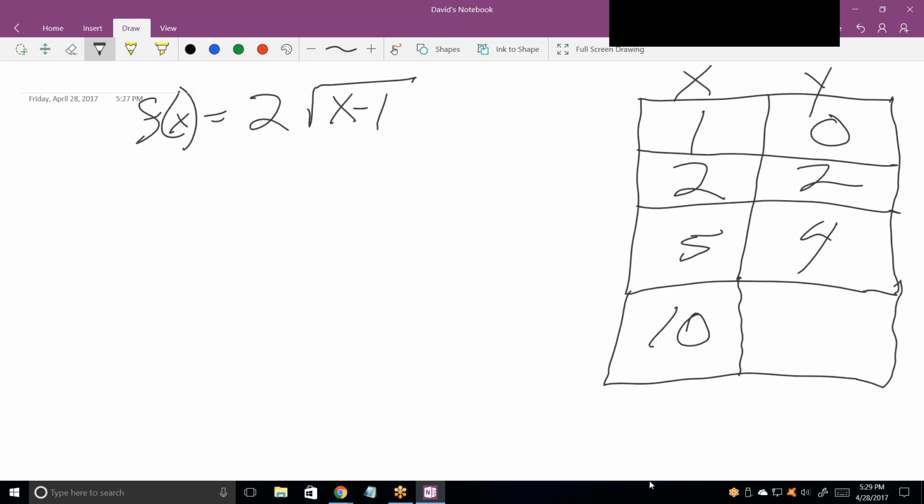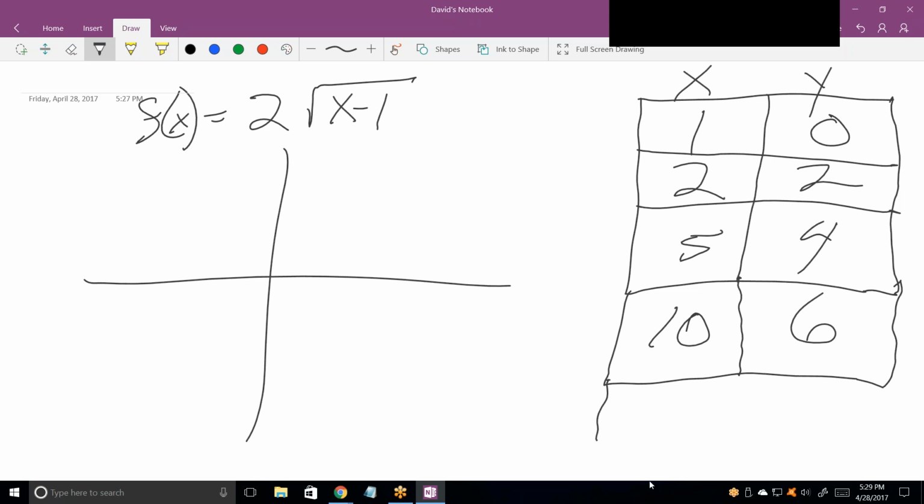So let's do 10. That gives you 6. And then let's do 15. How about 17? 17 works, that's what I meant. And that gives you 8. So all we do is graph those points.